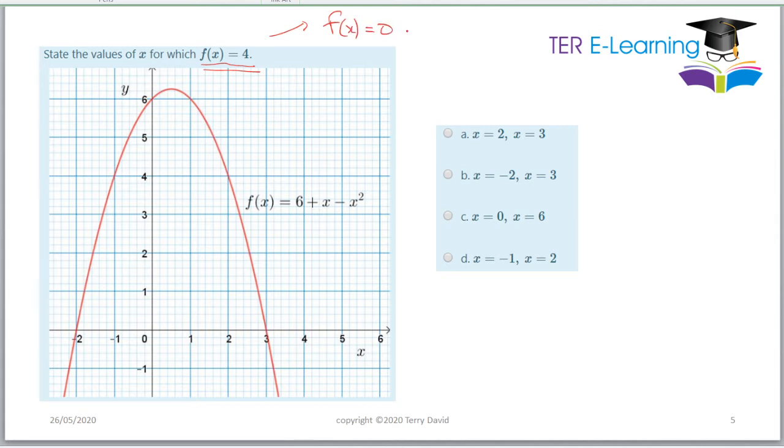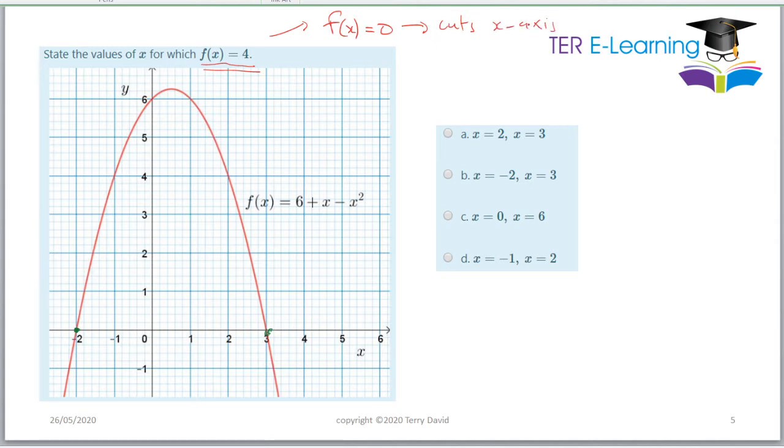If it was asking me f of x equal to 0, then obviously this point here is going to be one solution, and this point is going to be a solution, right? But that's not what the question is asking. Now, f of x equal to 0 is where it cuts the x-axis, right? That's what this means.